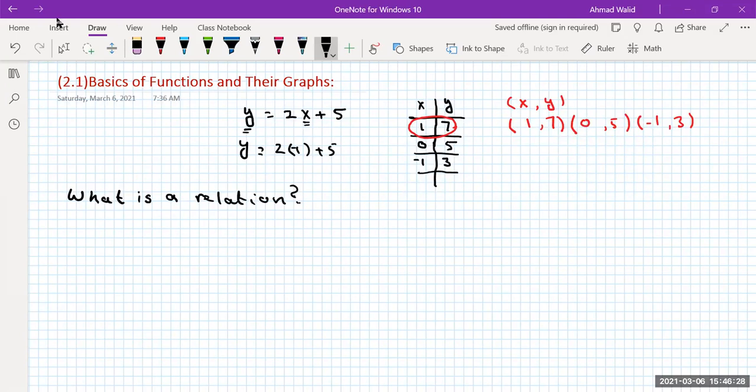As you see clearly in this table or in this example, a relation is an ordered pair, or you can say a relation is any set of ordered pairs.